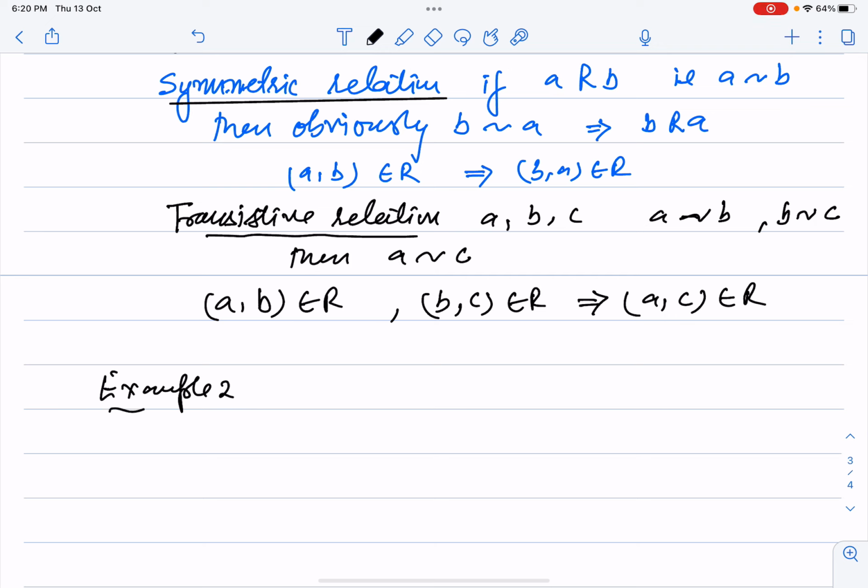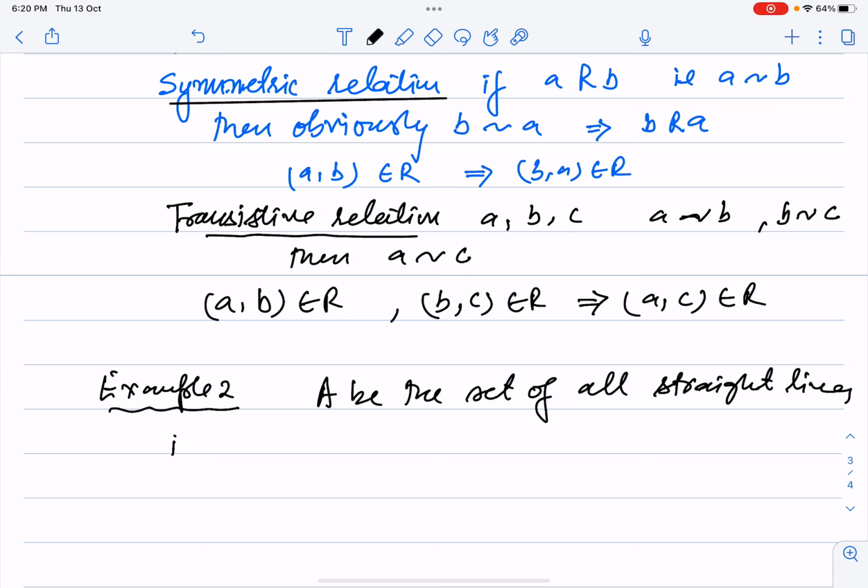Example 2. Suppose I take set A to be the set of all straight lines in a plane, and R be the relation.